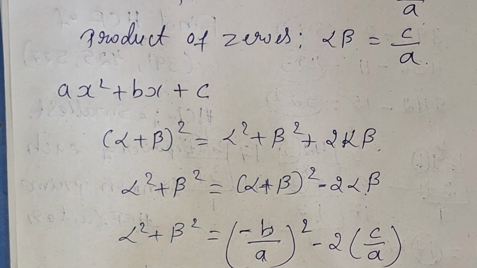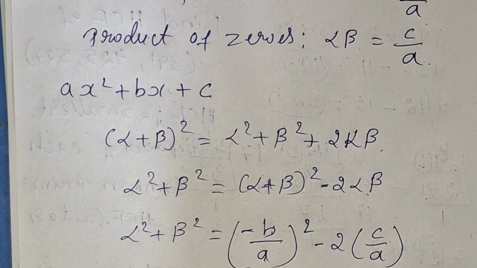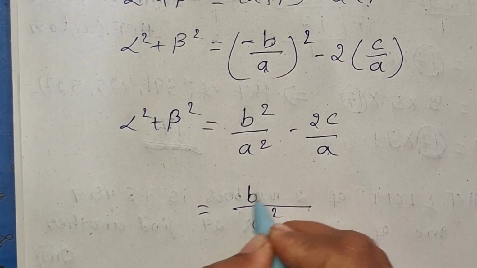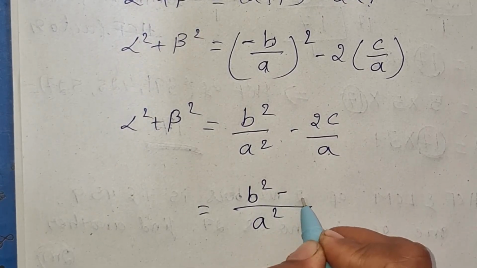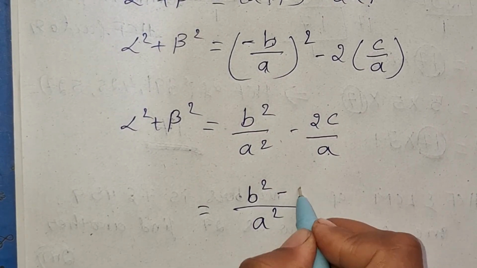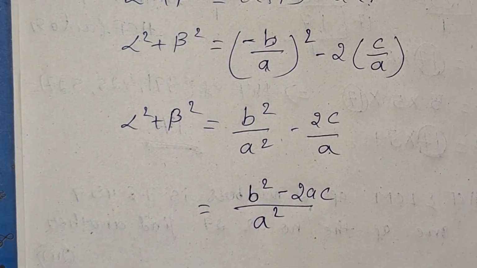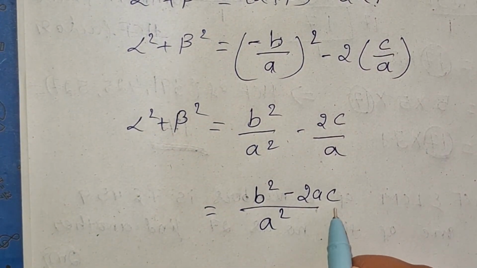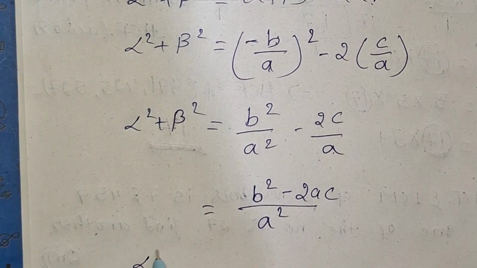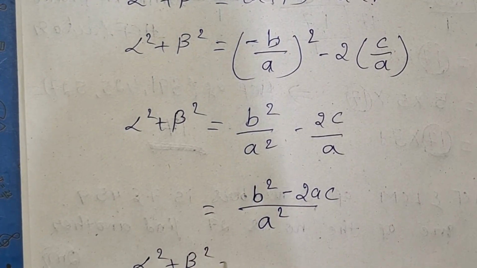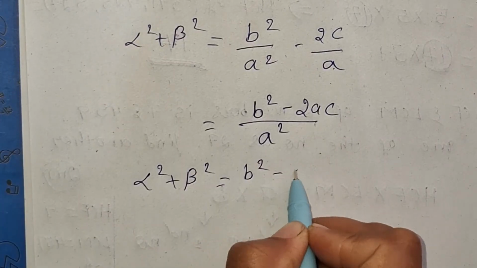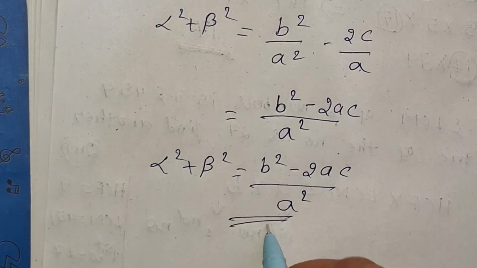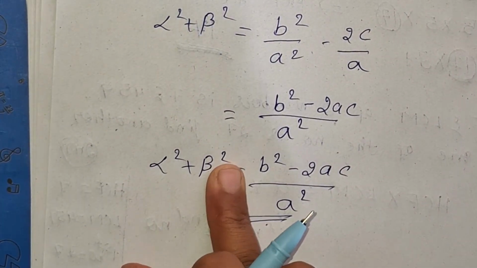We get b square minus 2ac by a square. So this is my alpha square plus beta square: b square minus 2ac by a square. This is the final answer.